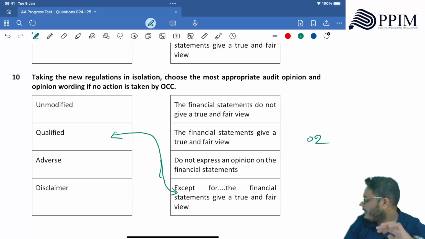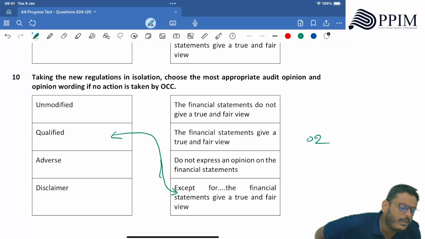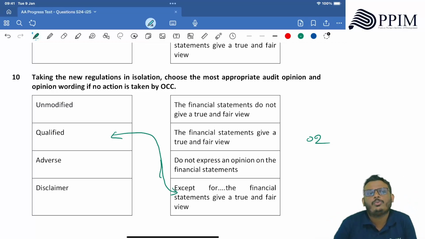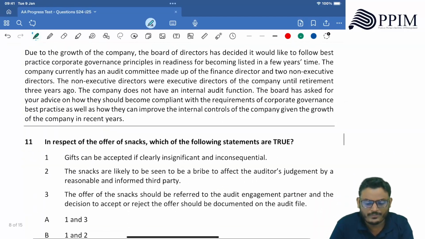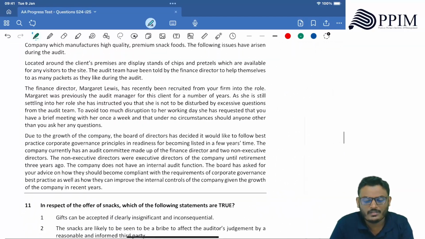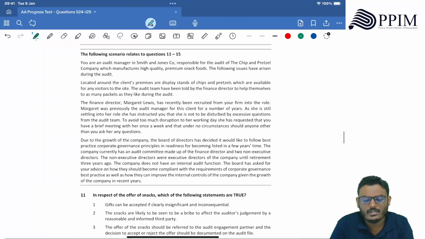So, advice on theory questions. I didn't get it. Normally the theory questions, I told you, after finishing this I'll come to the theory portions. Wait. Now try the third scenario, 11 to 15.